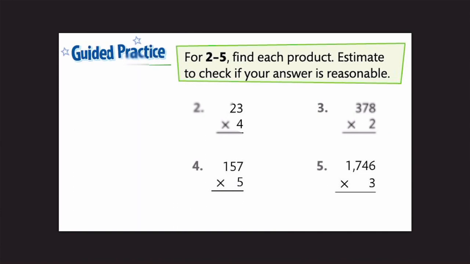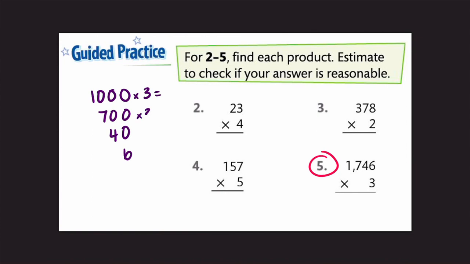Let's do number 5. Since this one has several place values, let's look and see how we would separate that one. Okay, so I see that I have 1,000, 700, 40, and 6, and they're all being multiplied by 3. Oops, what in the world was my brain thinking there?